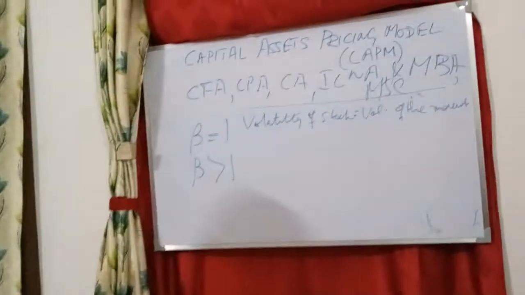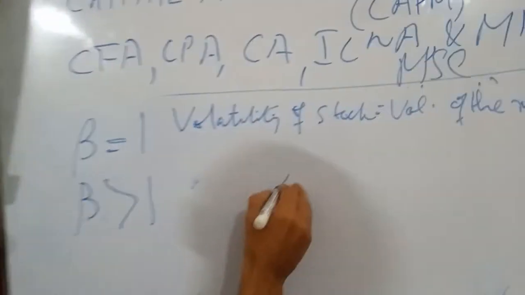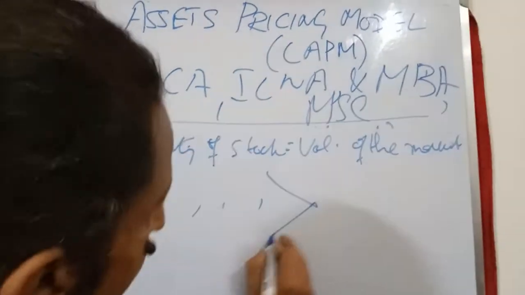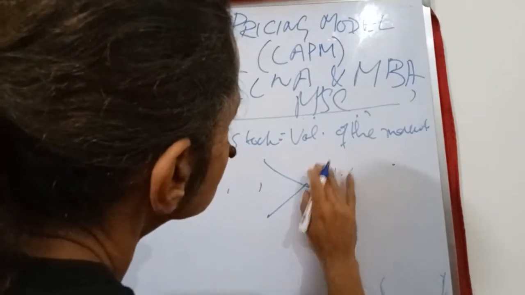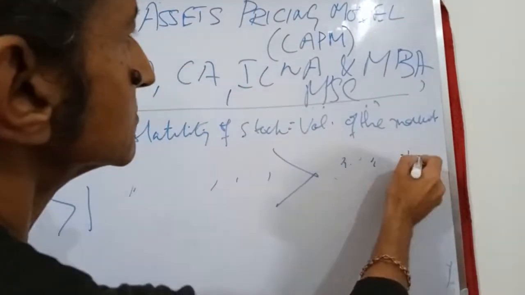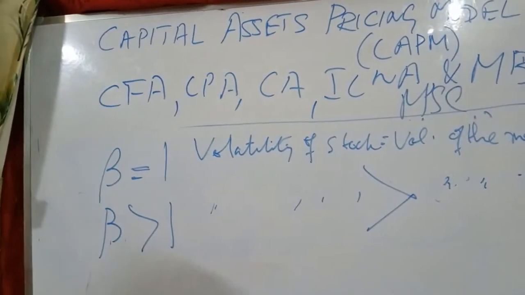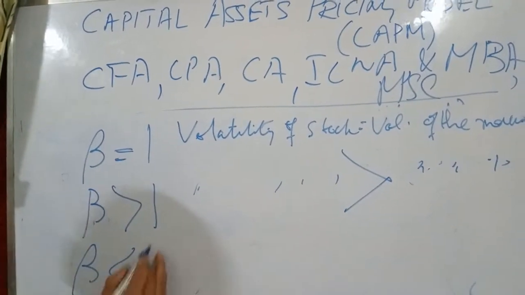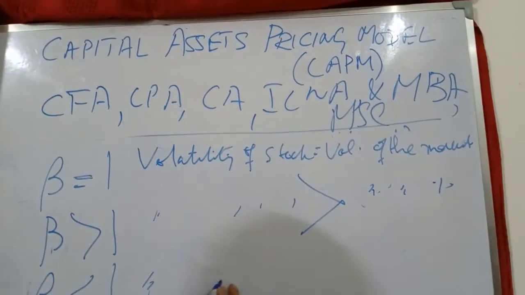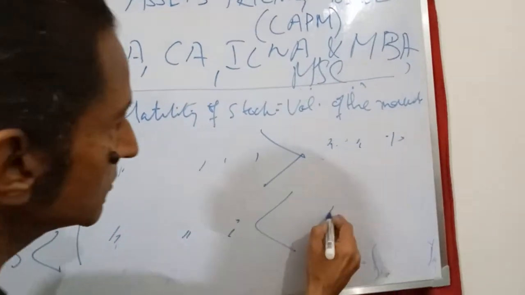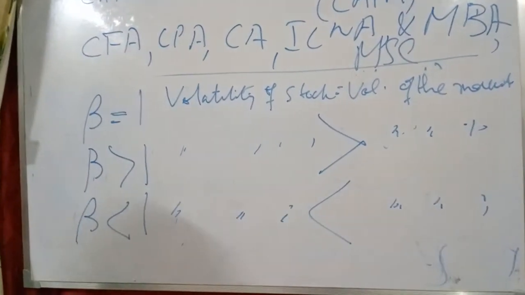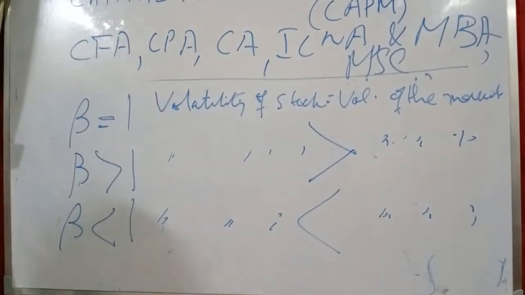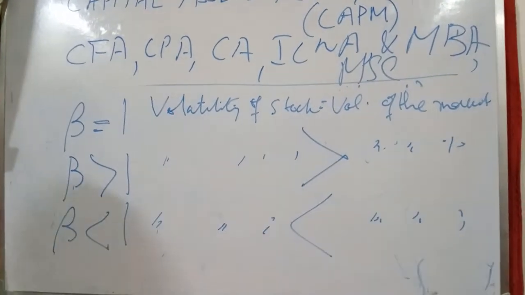Beta greater than 1 means the volatility of the stock is more than the volatility of the market. Beta less than 1 means the volatility of the stock is less than the volatility of the market.